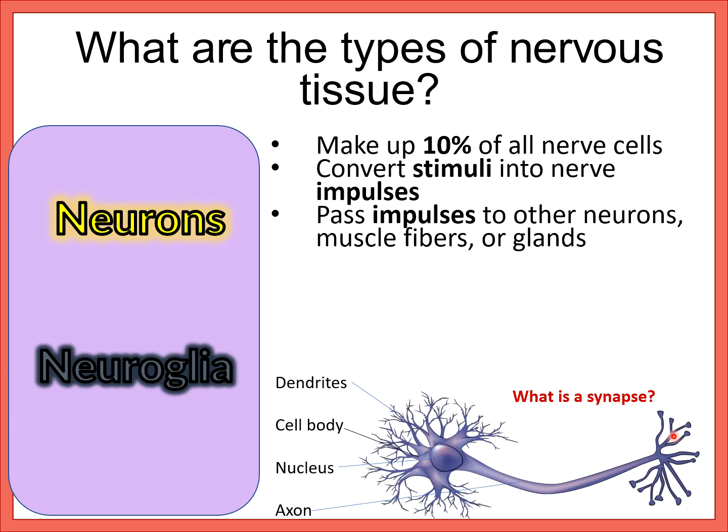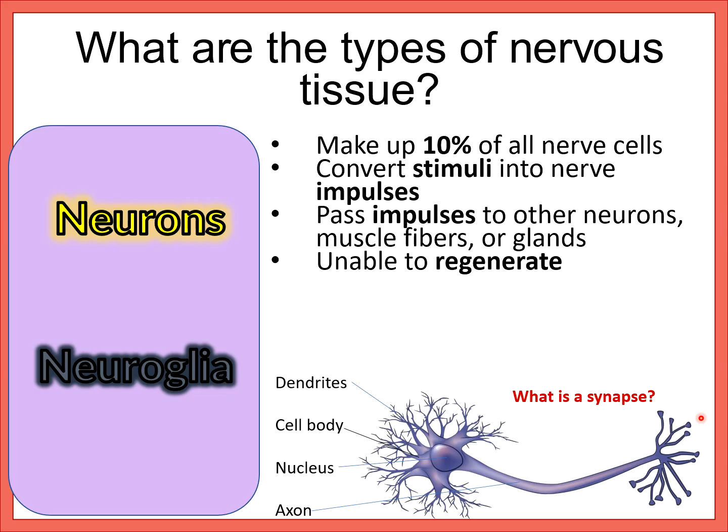And it will meet with either another neuron, a muscle fiber, or a gland. And where it meets with one of those other cells, that is a synapse. So we'll have the signal continue in another neuron, or we'll have some kind of action in the muscle fiber or the muscle gland.